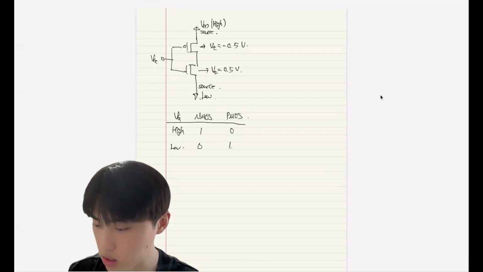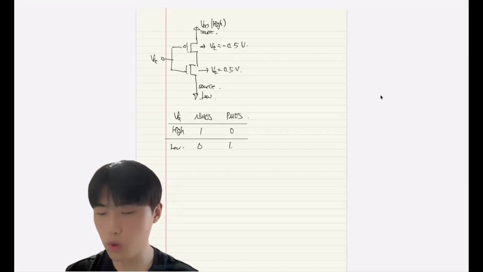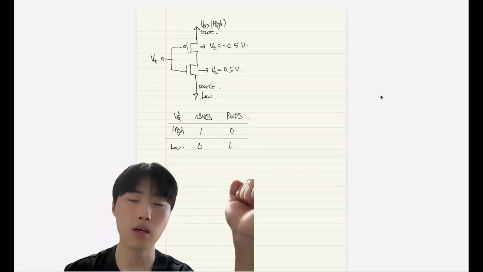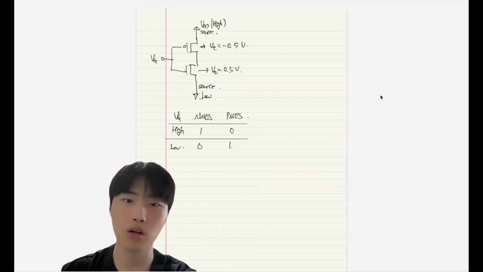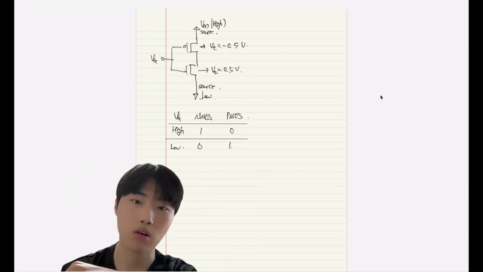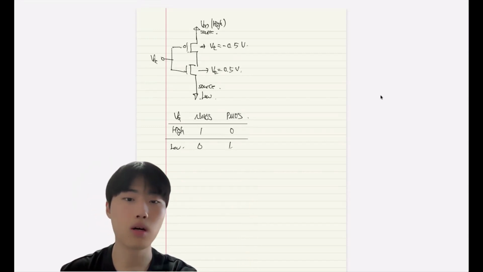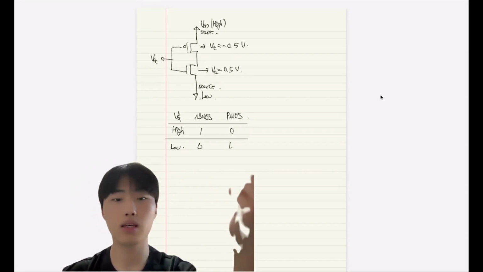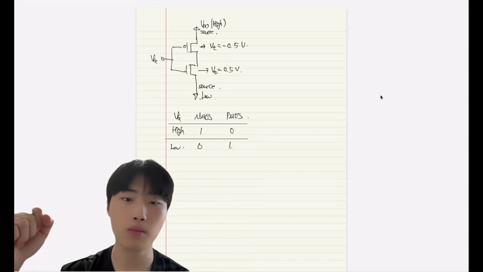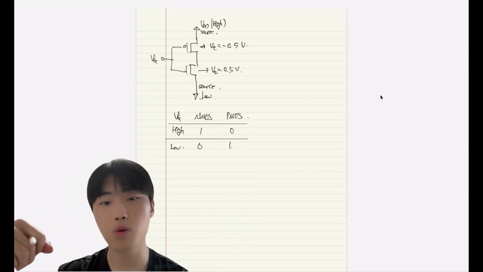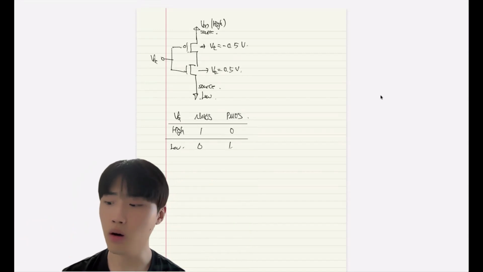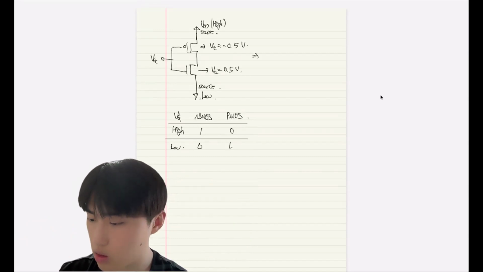So in this table, when we have some high on the gate side, the NMOS will turn on and the PMOS will be turned off. However, when we have some low on the gate side, like gate or VG, the NMOS will be turned off and the PMOS will be turned on. So it will be like this.